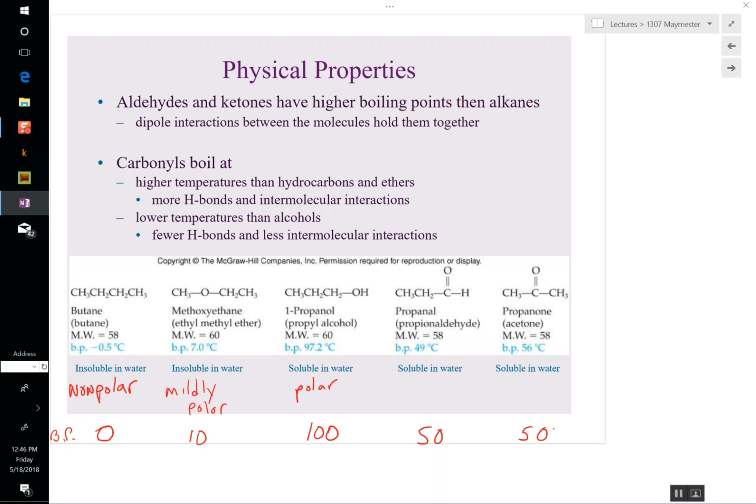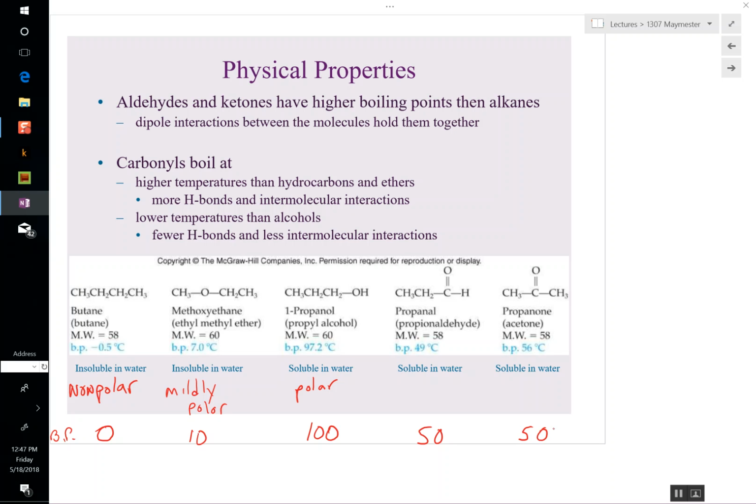The alkane has the least attraction to another alkane. The aldehydes and ketones are about halfway between these two, around 50. So there's stronger attraction between molecules than ethers, but not as strong as an alcohol. Okay? That's what that should be telling you.